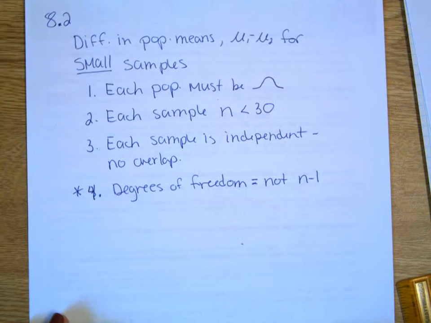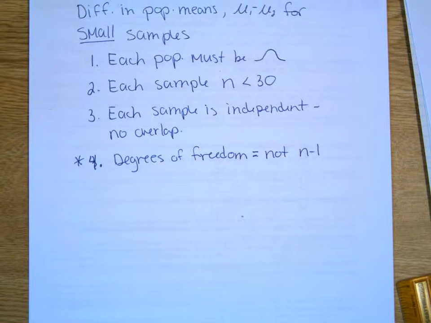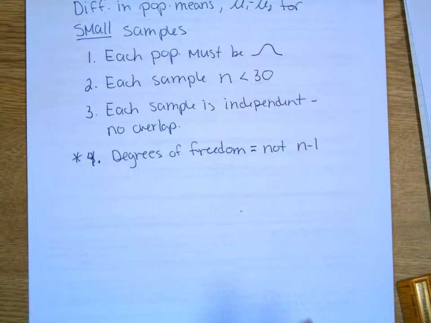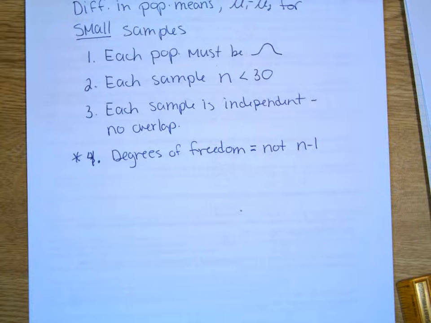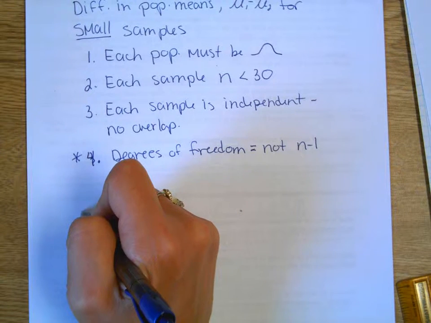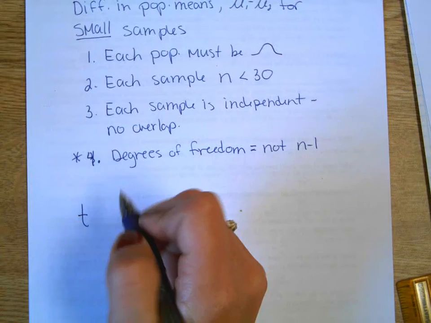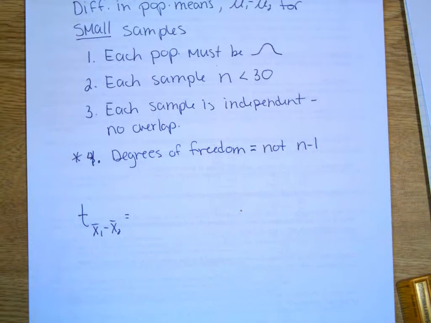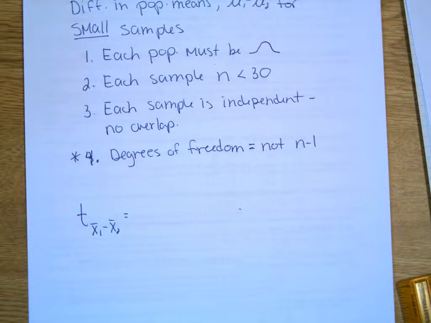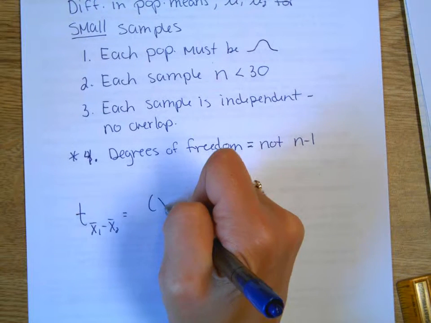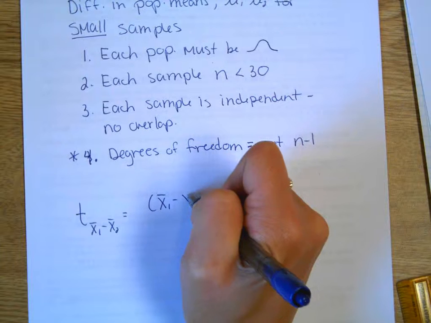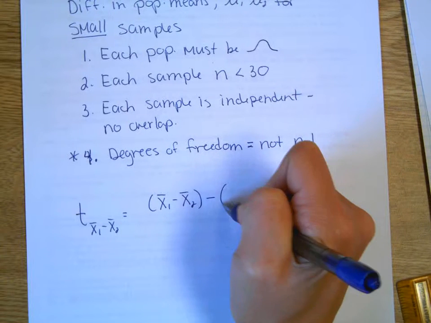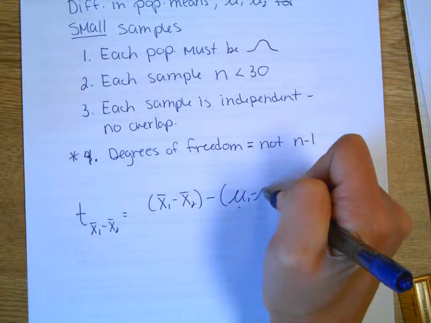We're actually going to have two different formulas depending on whether the data is pooled or not. I'm not sure what pooled actually means, but they have to tell you whether it's pooled. So our by hand formula. Let's go with the easy one here. The t-score for the difference in your sample means is x bar 1 minus x bar 2, mu 1 minus mu 2.